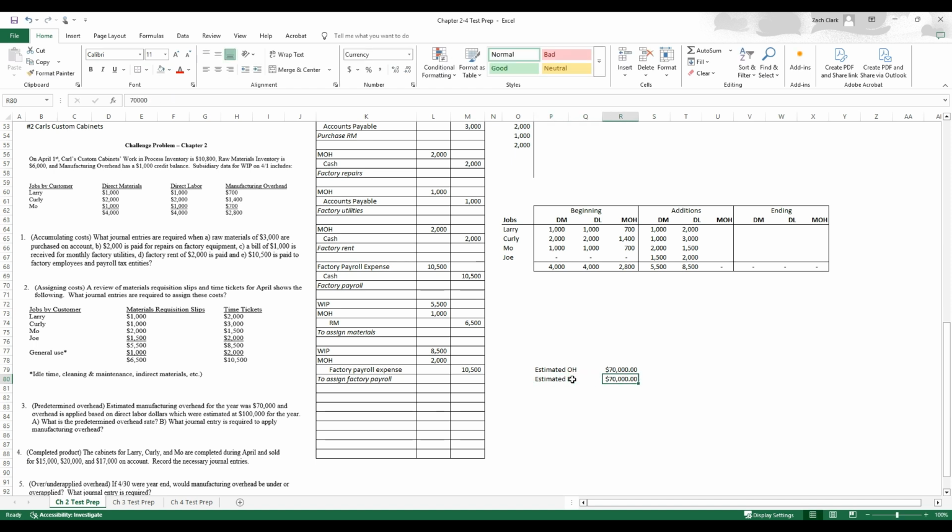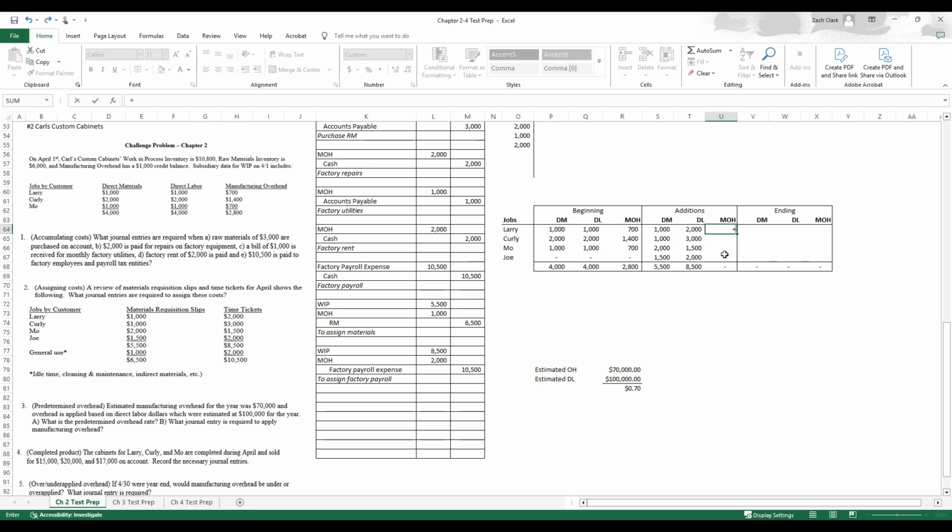That means our overhead rate is 70 cents per direct labor dollar. So we're going to apply the overhead: direct labor times our 0.7. That gives us 1,400.